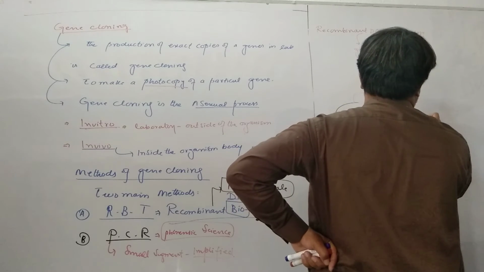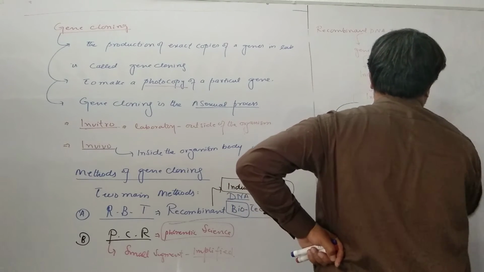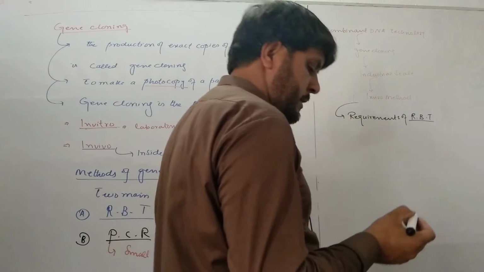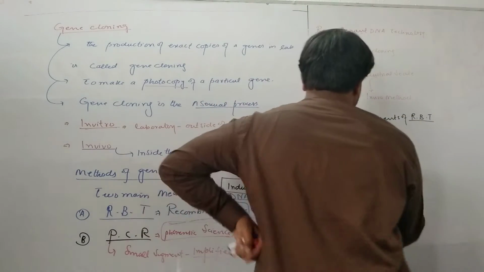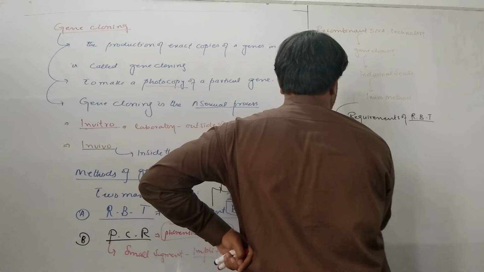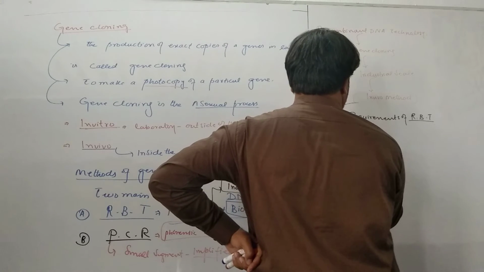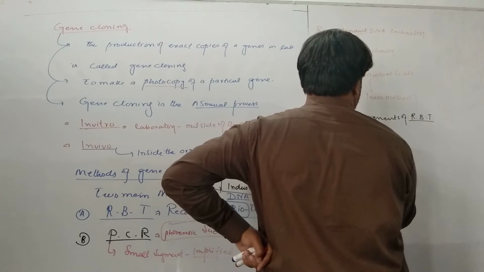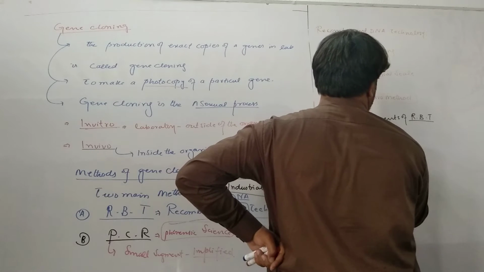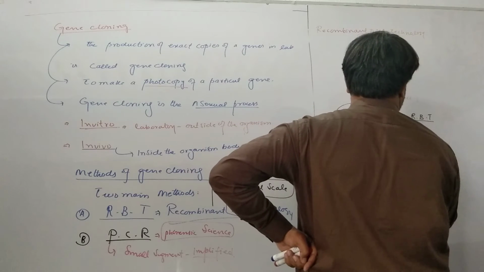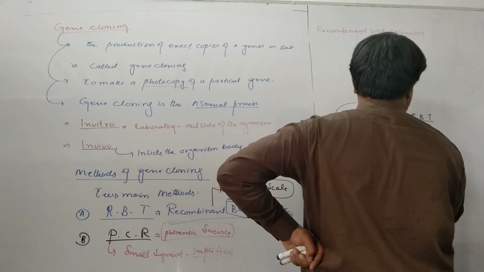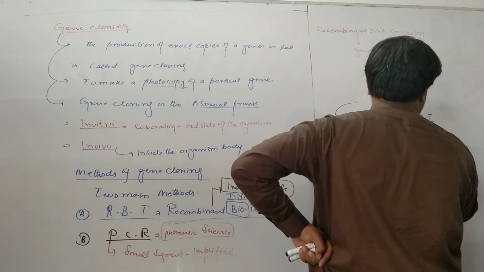of RBT? Following are the main requirements of RBT. The first one is gene of interest. It is also called good gene or gene of choice.